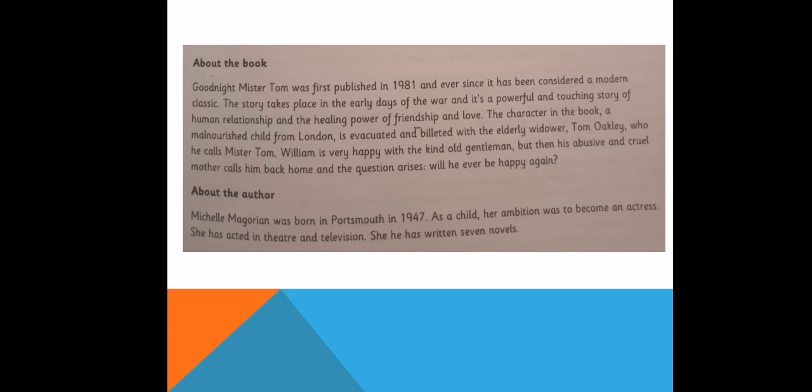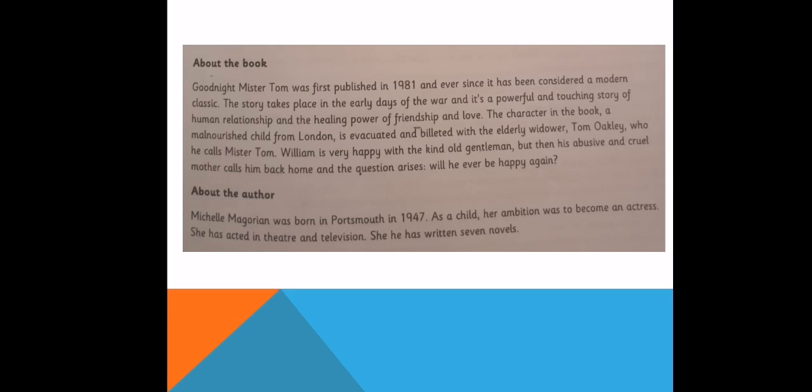The story takes place in the early days of the war, and it's a powerful and touching story of a human relationship and the healing power of a friendship and love. The character in the book, a malnourished child from London, and malnourished means he's not fed properly, he's not the healthiest child. He was evacuated and billeted with an elderly widower, and a widower is a man whose wife has passed away.